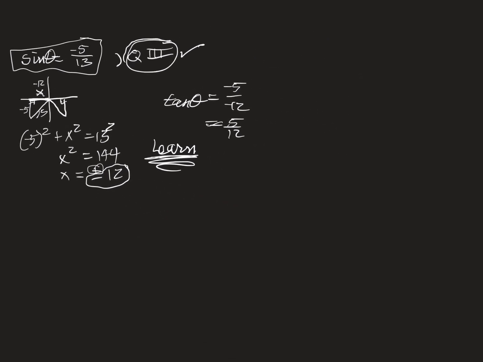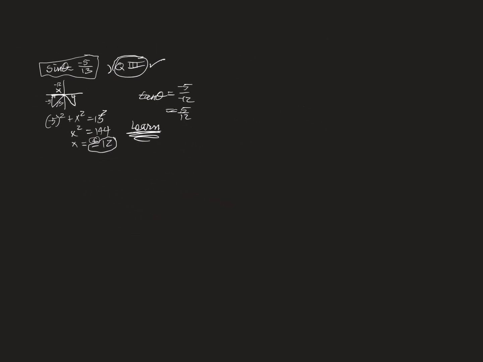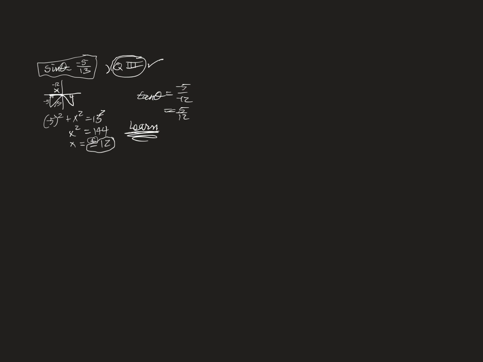So one of the examples that they gave was this. Suppose you have cotangent theta, tangent theta, plus sine theta, secant theta.